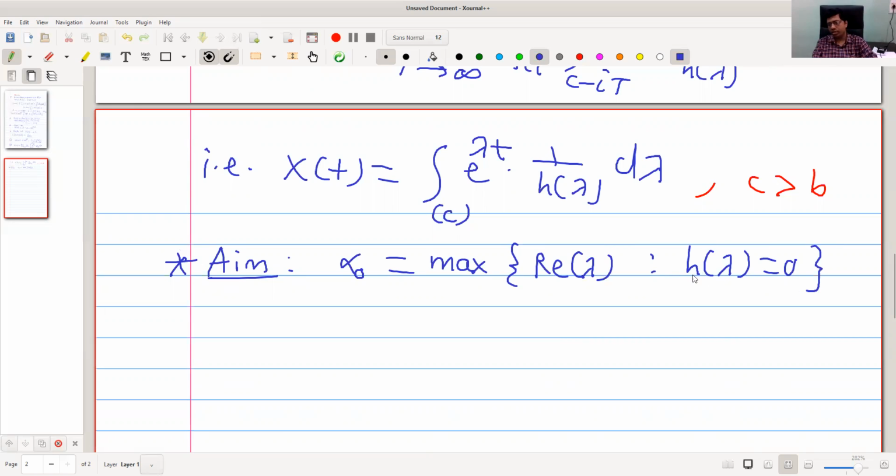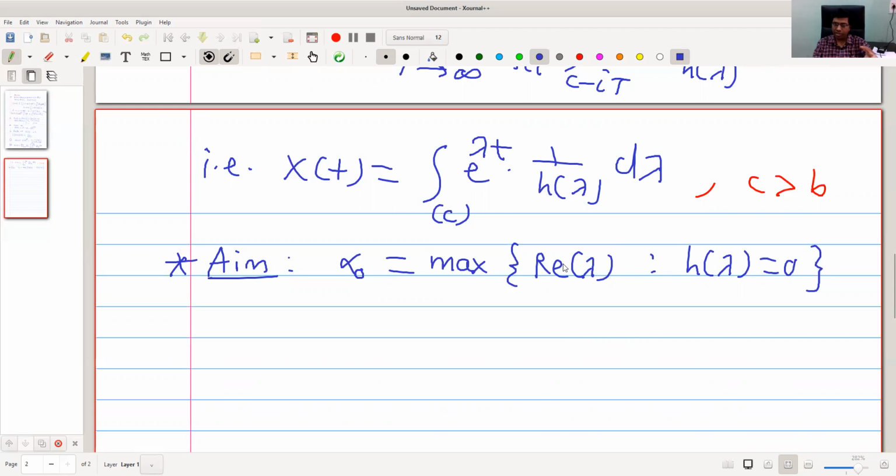What we do is consider all the roots of h of lambda, form a set of real parts of all these roots, and take the maximum. Such a thing will exist because almost all roots lie on the left of the vertical axis.